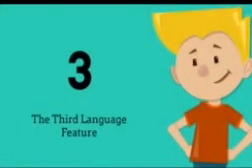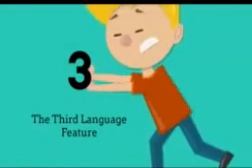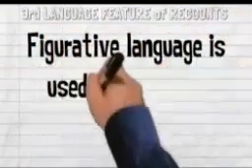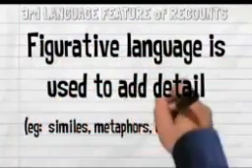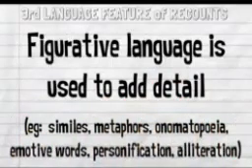The third language feature is also very important. You also use it in other compositions like descriptive and narrative writing. This is the use of figurative language to add further detail. These are the use of similes, metaphors, onomatopoeia, emotive words, personification, and alliteration.